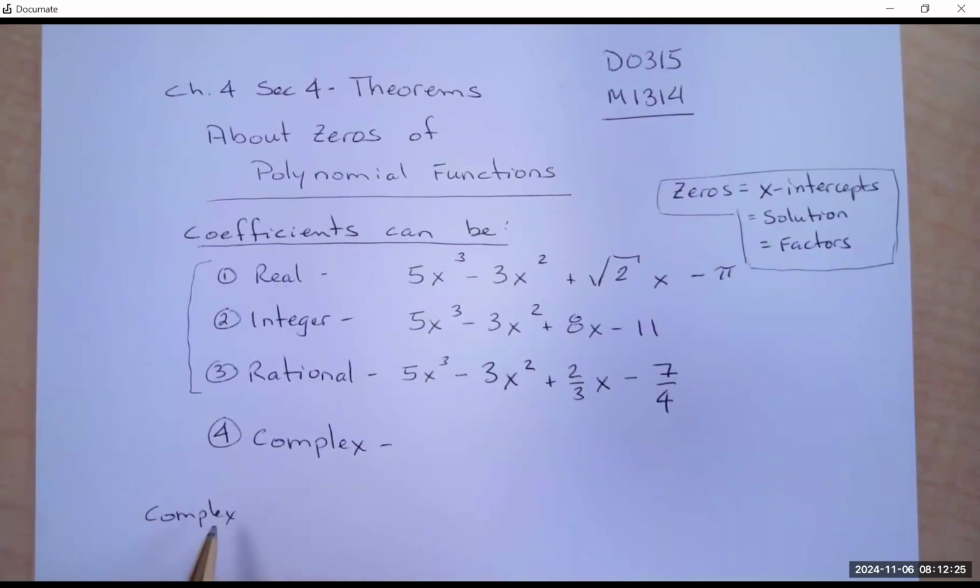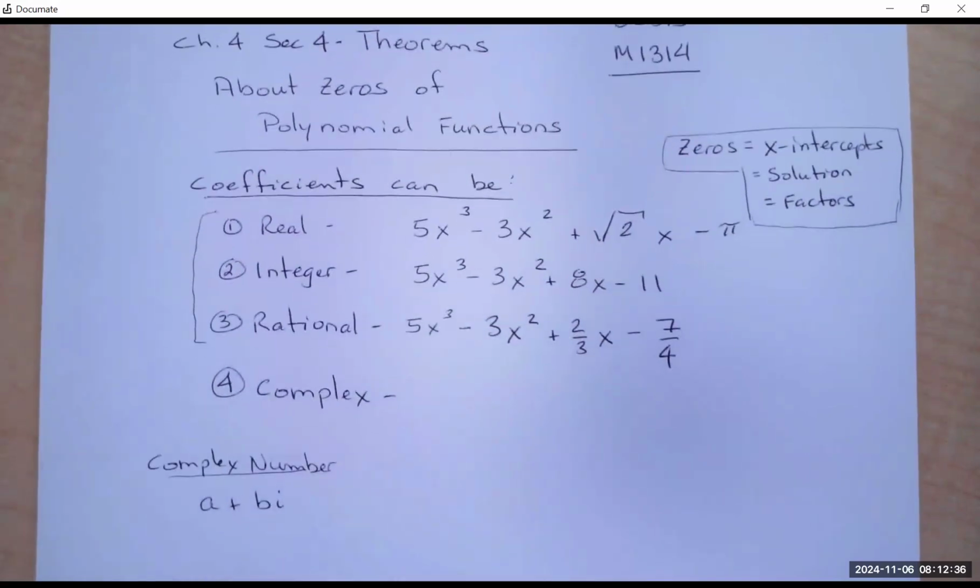The reason they call it a complex number is because it has both a real number and an imaginary.